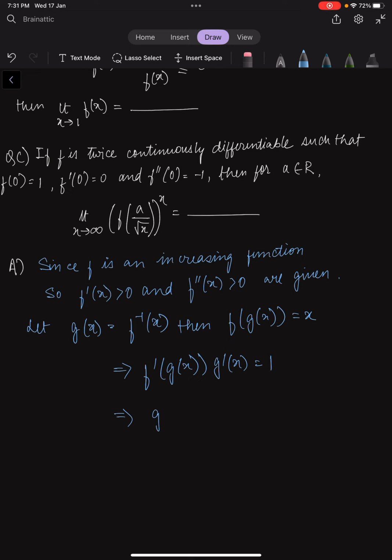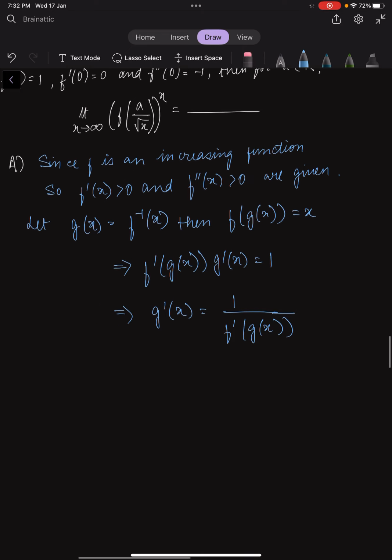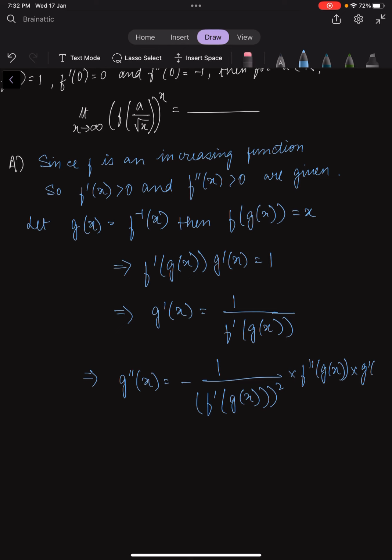Again, we can say that g dash of x is equal to 1 by f dash of g of x. Now, we'll again differentiate with respect to x on both the sides, and what we'll have is g double dash of x is equal to minus 1 by f dash of g of x whole square into f double dash of g of x into g dash of x.